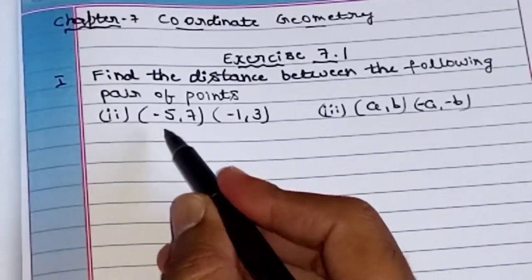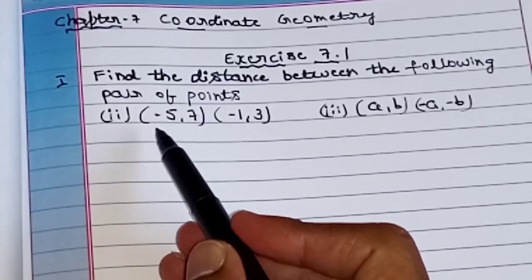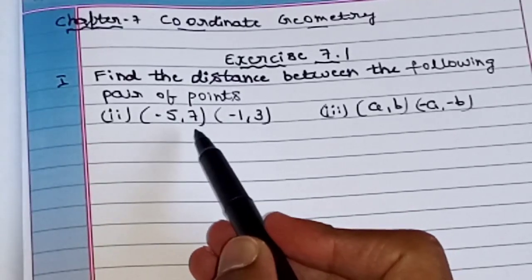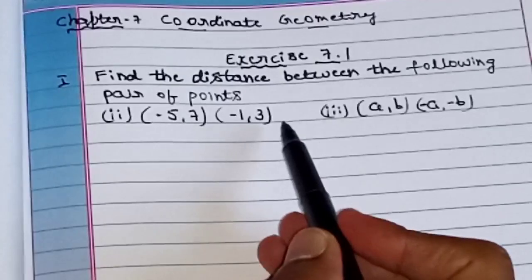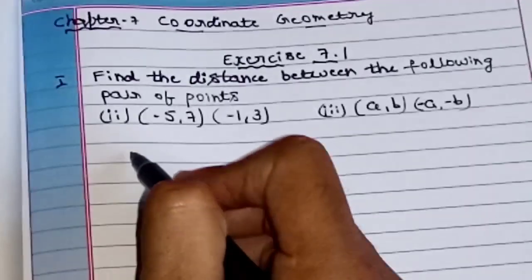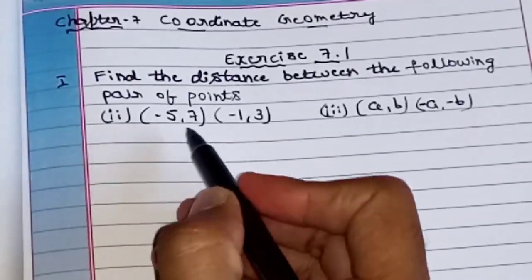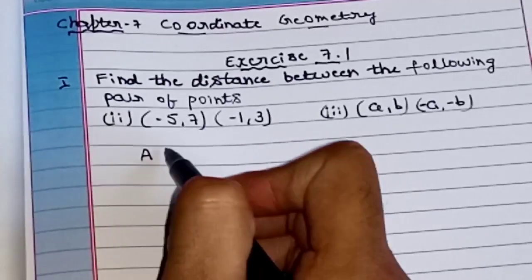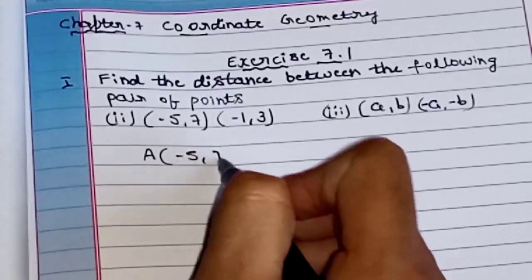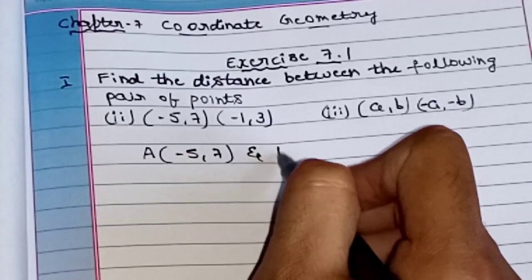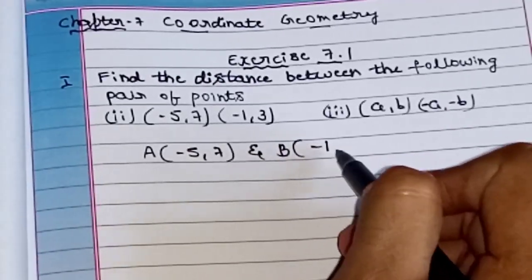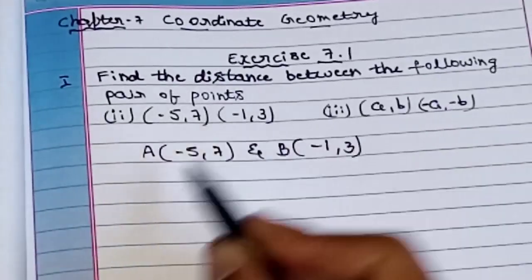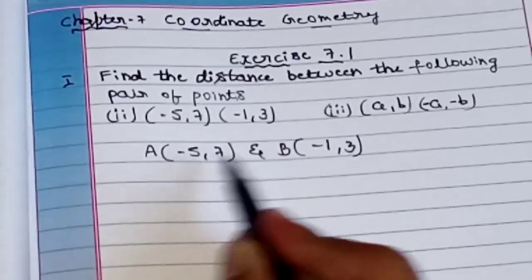Now the second problem: the given points are minus 5 comma 7 and minus 1 comma 3. Let me write the second one as A of minus 5 comma 7 and B of minus 1 comma 3, where A and B are two coordinate points.